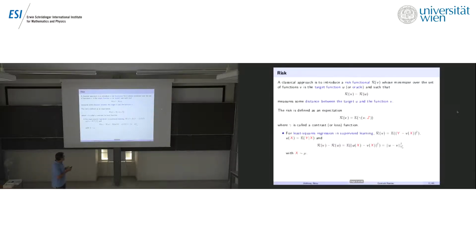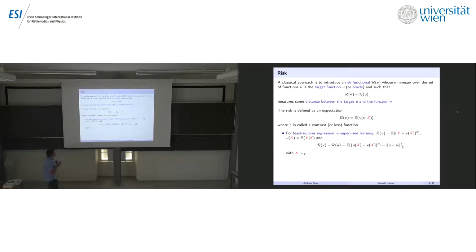So what are the typical examples? In a supervised learning setting, let me give you the example of least squares regression, where the risk functional is defined as the expectation of the square of the distance between y, the random variable you want to approximate, and the prediction you obtain through your function v. This is a typical L2 distance between y and the prediction.